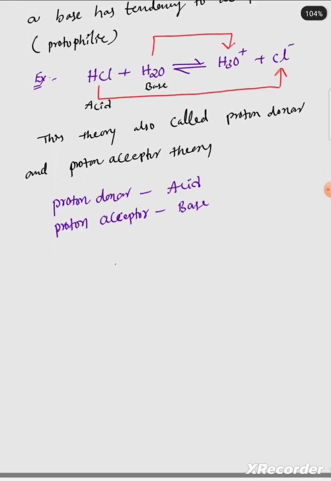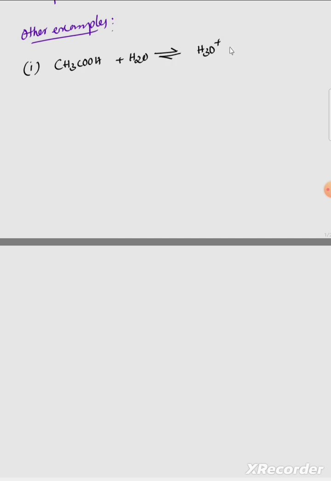Few other examples we will see. Suppose we take acetic acid, CH3COOH, and water to become H3O plus and CH3COO minus.